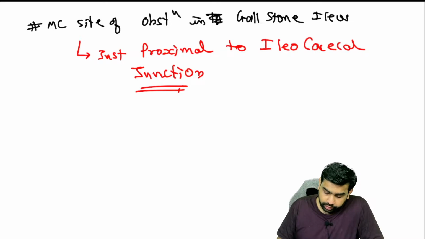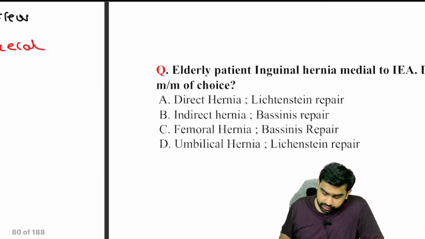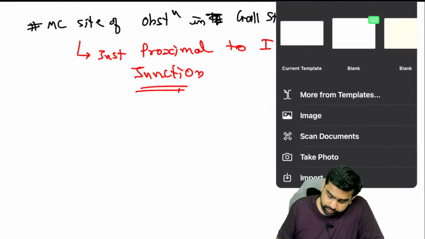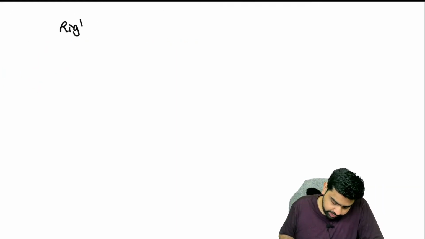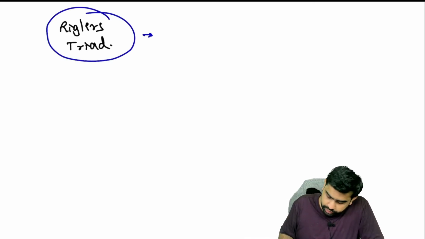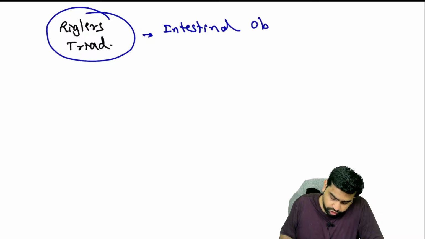Yes, absolutely right, as somebody is telling us, in these patients you end up having Rigler's triad. What is this Rigler's triad? It is a combination of intestinal obstruction, along with pneumobilia.